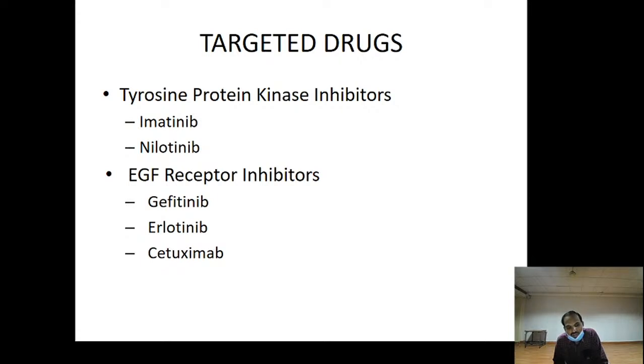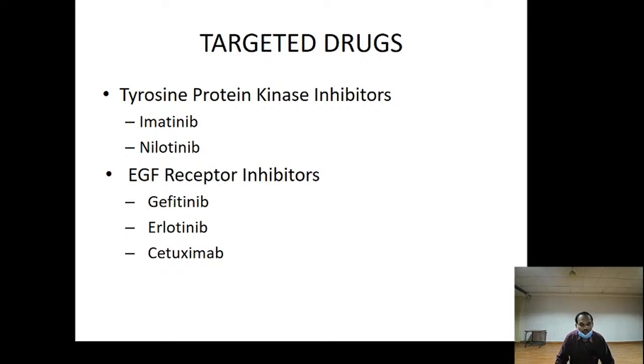Which type of lung cancer? Small cell or non-small cell? Non-small cell lung cancer. And in non-small cell, which variant? The one seen in non-smokers and in females. So EGF receptor upregulation is responsible for lung cancer among females and non-smokers, and that type of epidermal growth factor receptor upregulation can be easily targeted with these compounds: gefitinib, erlotinib and cetuximab.